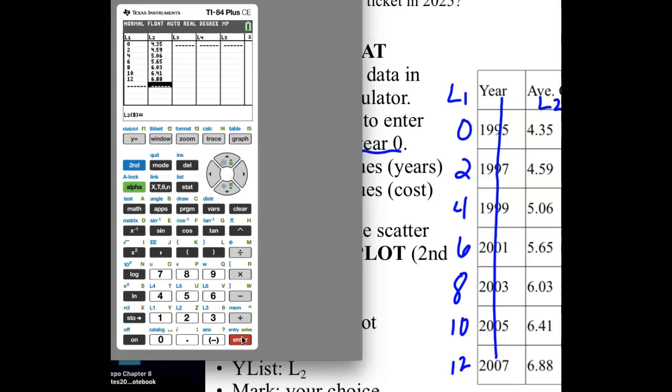The X goes with the Y. If you get an error message when you try to do these next steps that says dim mismatch, dimension mismatch, it means your table didn't line up. You had more X's than Y's, right? And it was trying to pair up the data and it couldn't. So a dimension mismatch, go back to your table and check over your values. Maybe you forgot to hit enter on the last one. Okay?